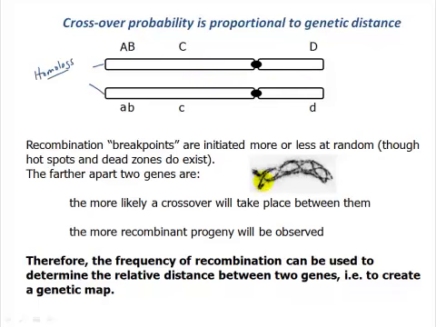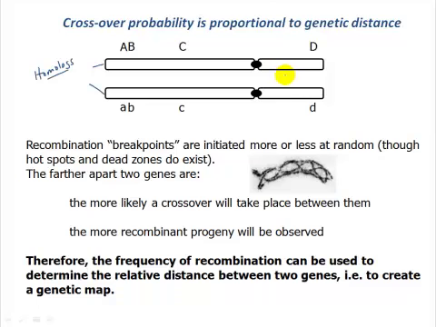All right, so we talked about this before, that we're going to have multiple points of crossover, these chiasmata that we observe, where genetic exchange between non-sister chromatids is happening. Well, if we think about this, if we compare genes A and D here, and think about the likelihood that those two genes are going to have a crossover event somewhere between them, we would say that's probably highly likely, right?